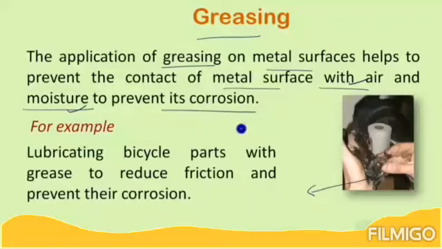For example, lubricating bicycle parts with grease to reduce friction and prevent corrosion. It leads to protection of the article for a long time.